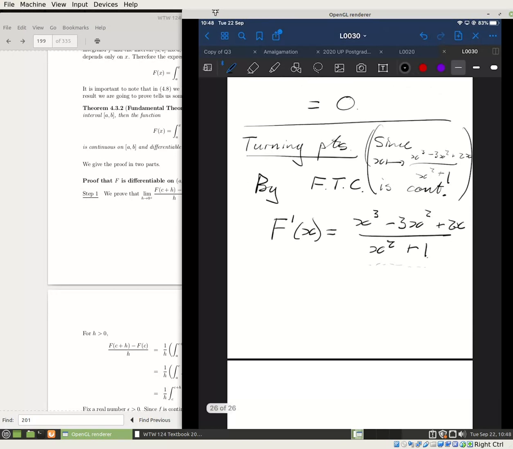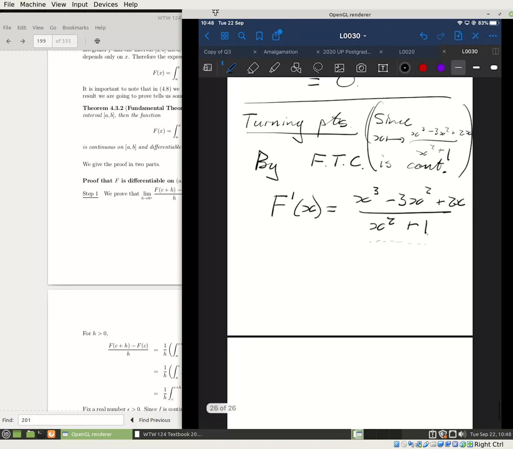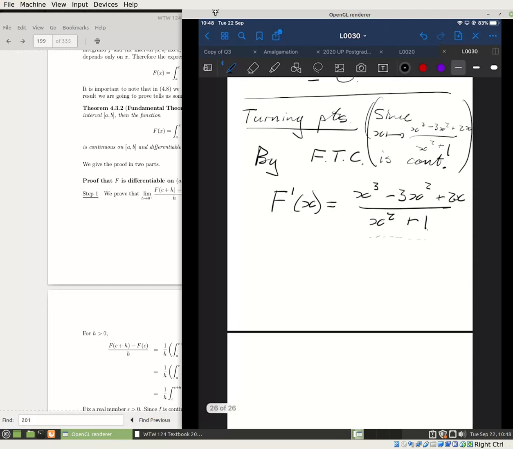So here we've got our derivative of big F, and now we solve for x when the derivative is 0. So when f prime of x is equal to 0.